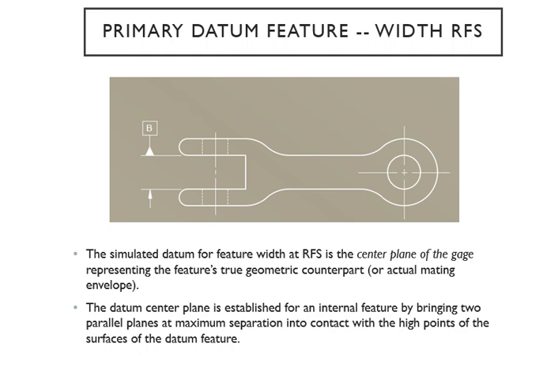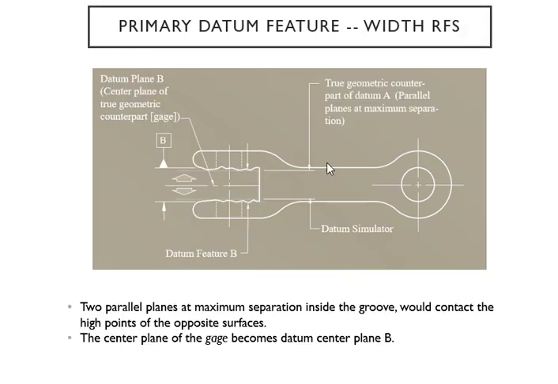So here is the part and your simulated datum for that RFS. Your datum feature of size is going to be the center plane of the gauge, representing your true geometric counterpart. So here is a little better way to be able to see that. Here is your datum. This is what we're talking about, the center plane.